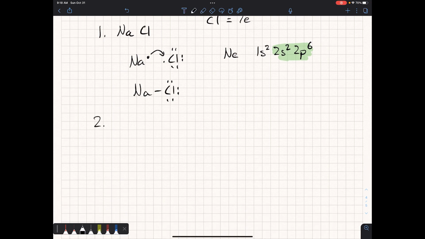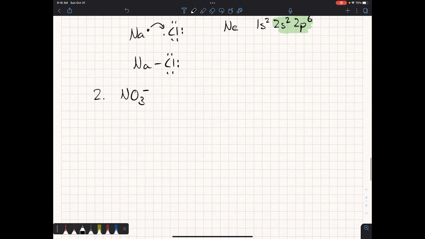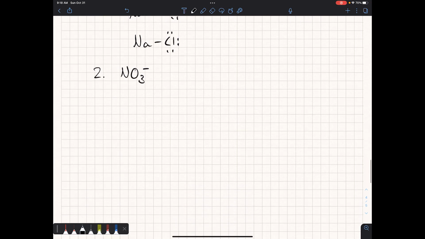For number 2, I'm going to write the Lewis structure for nitrate. So this is a polyatomic ion. We'll start here by writing out our central atom of nitrogen, and then drawing bonds between our outer atoms, which are going to be oxygen.